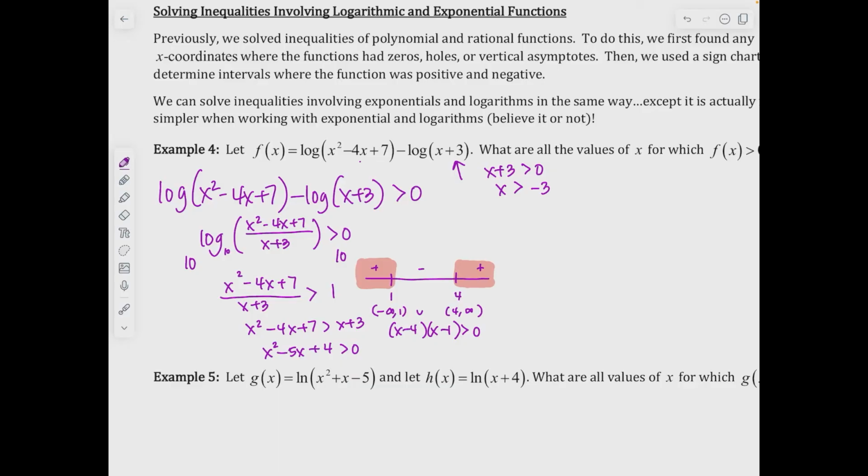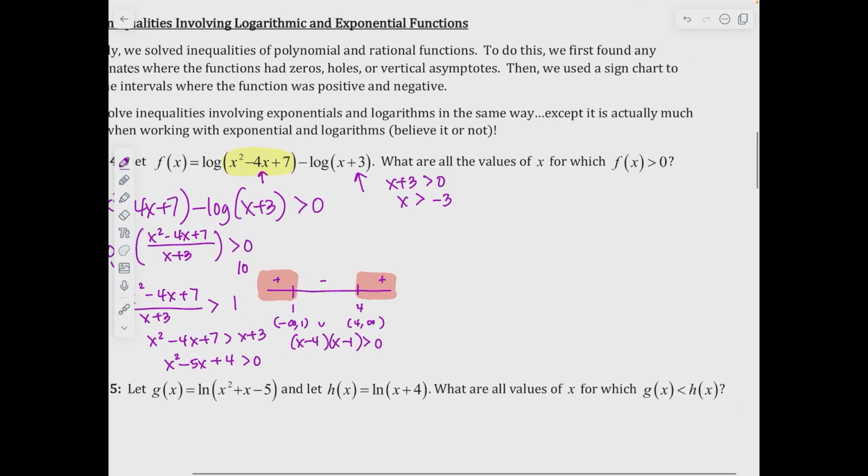The second one that I need to consider is this quadratic logarithm on the left. So I'm just going to highlight it here. I'm going to pull out an old Algebra 2 skill. Keep in mind that for this problem, x squared minus 4x plus 7 has to also be greater than 0.